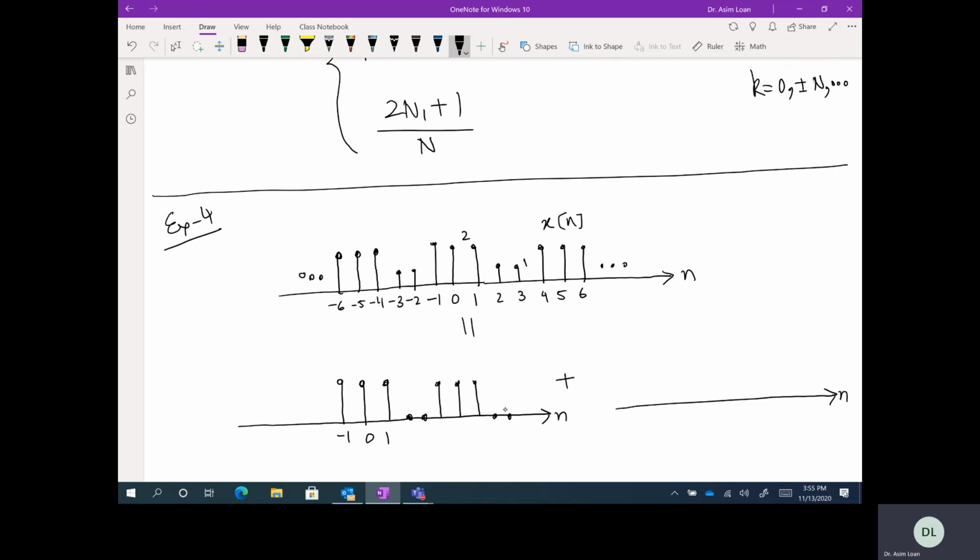And nothing here, nothing here. And this height is 2, nothing here, nothing here. And this one, and this one. Obviously, this is extended. You extend this one.